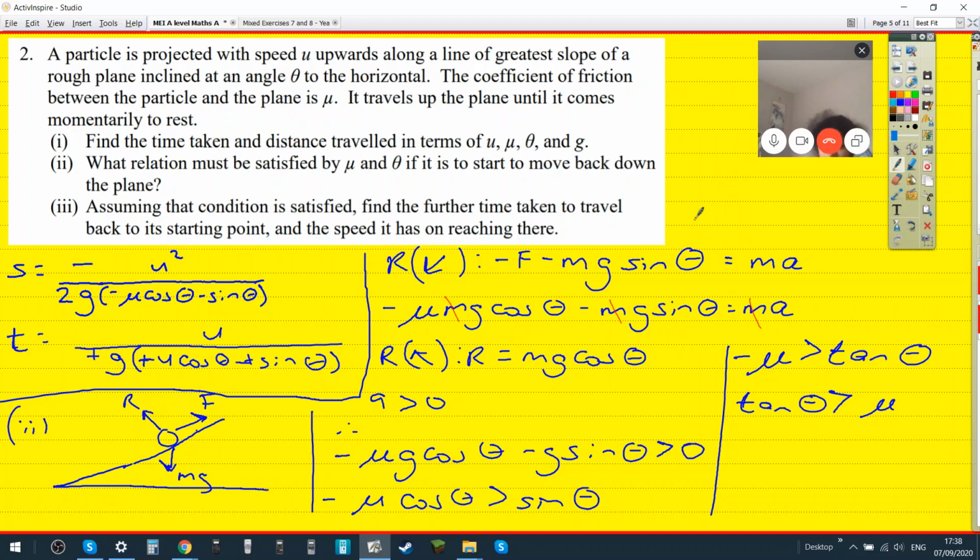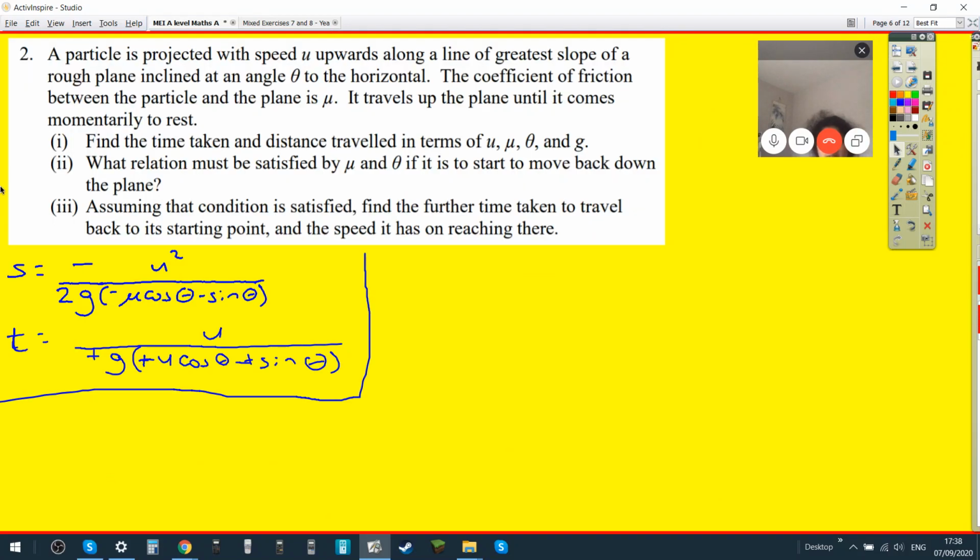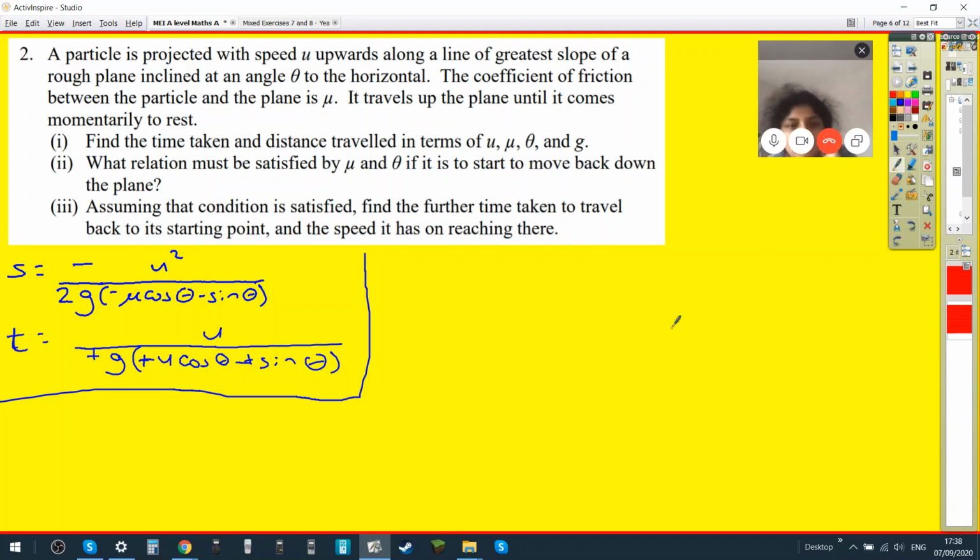Travel back to its starting point. Okay, and the speed. So you want the time when s is 0, basically. Okay. So you don't really know what u is, so I think you'd have to make s equal to, I don't know. But you don't know what u is, do you?